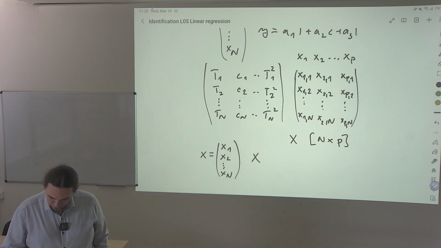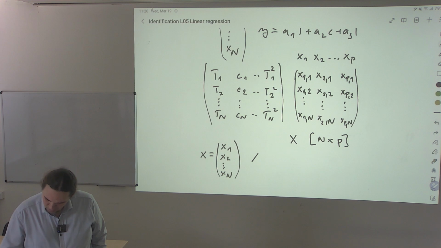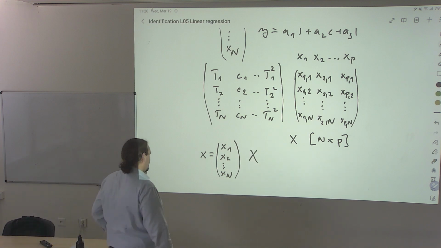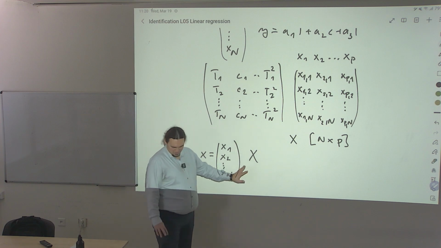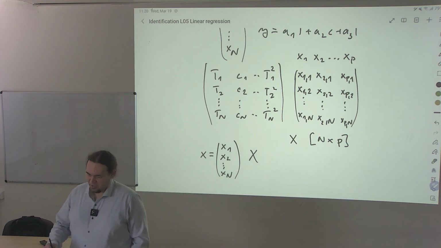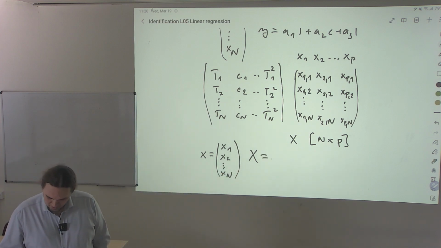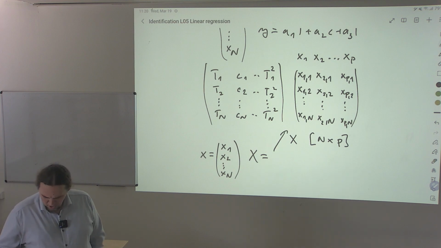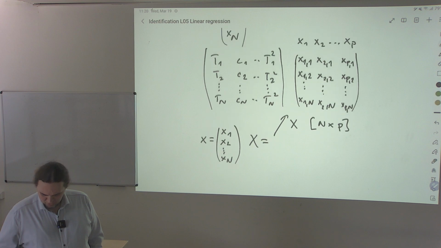Lowercase x, capital X. That's our good old matrix here.